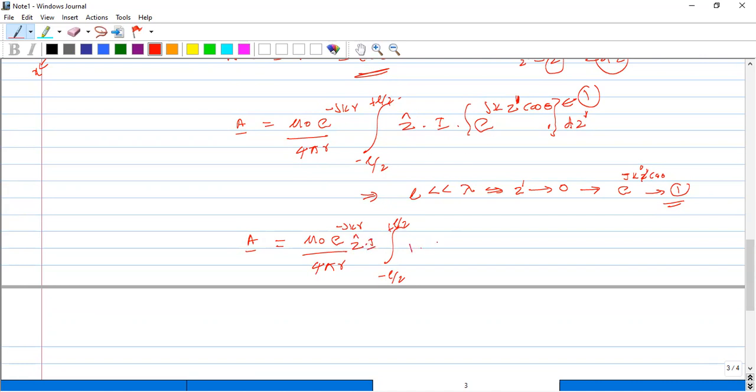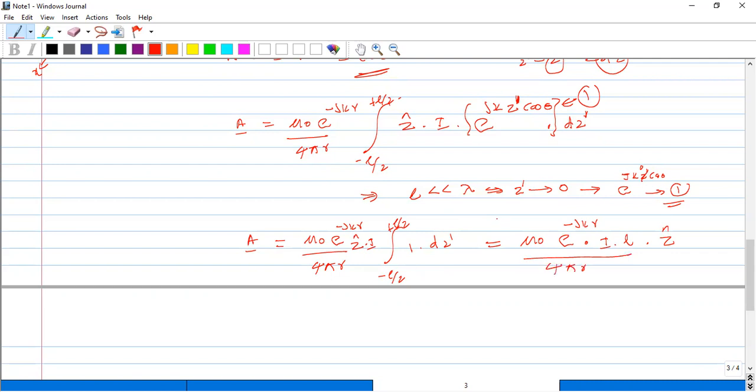The integral of dz dash gives L by 2 minus minus L by 2, which is L. So you get mu naught e to the power minus jkr I L z hat divided by 4 pi r.